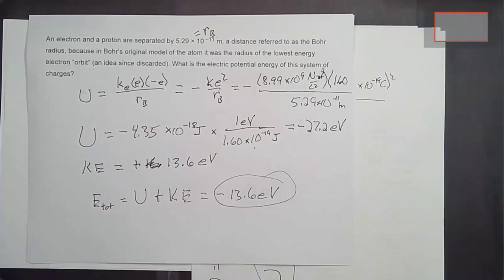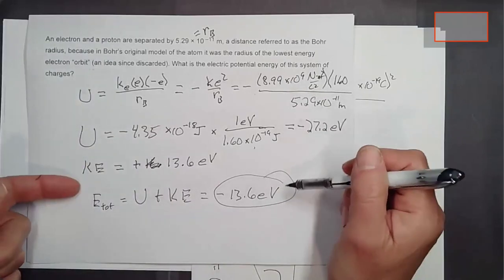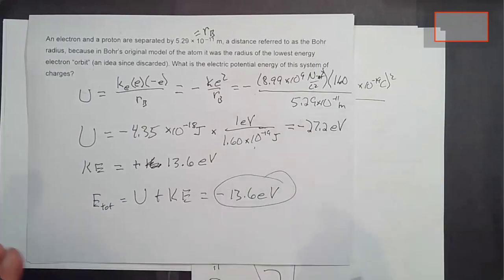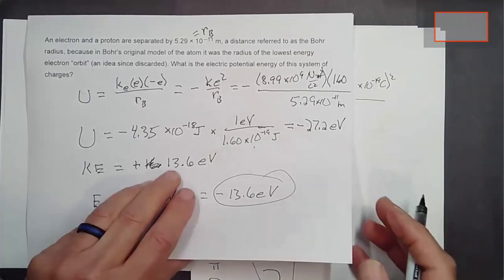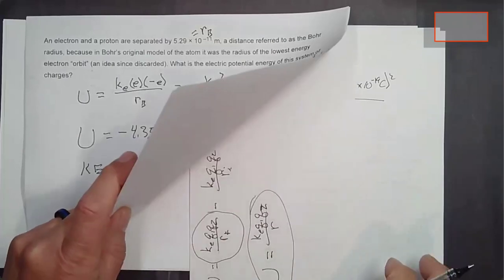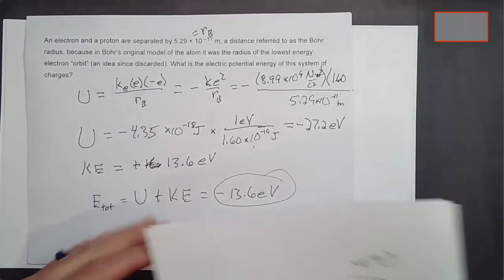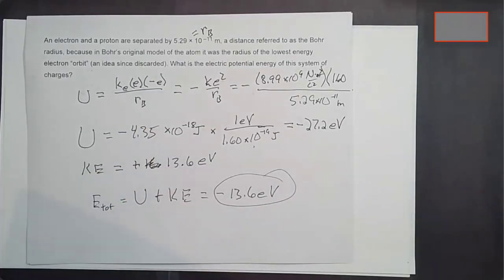Okay, anyway, there's just a couple of electric potential energy problems. Now, we don't usually calculate electric potential energy for things, or sometimes we do it, but we go about it from a different direction. And I want to show you the direction that we take for this.